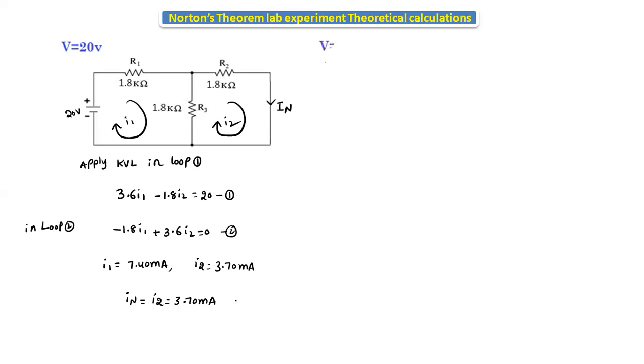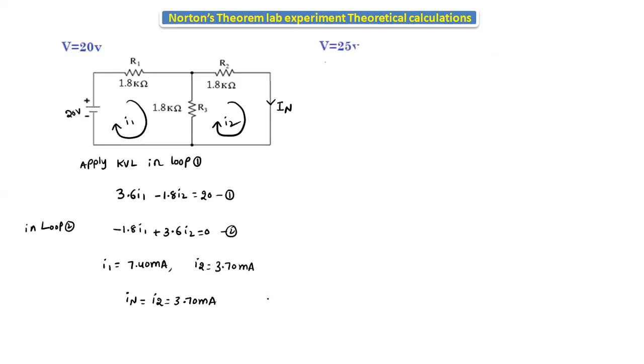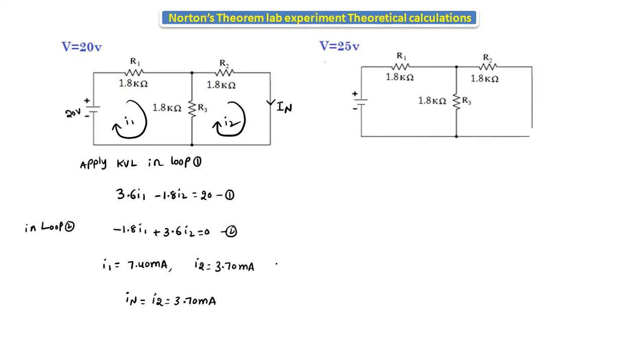Now let's see it for 25 volts. If we see the 15 volts calculation, we got 2.77, and now for 25 volts, I'm applying the supply voltage and using mesh analysis to find the current passing through this branch, that is IN. Assume I1 current is flowing in this loop and I2 current in the other.